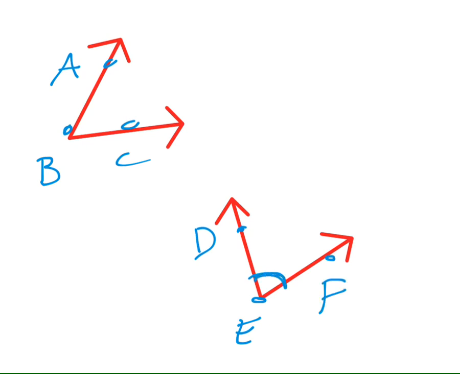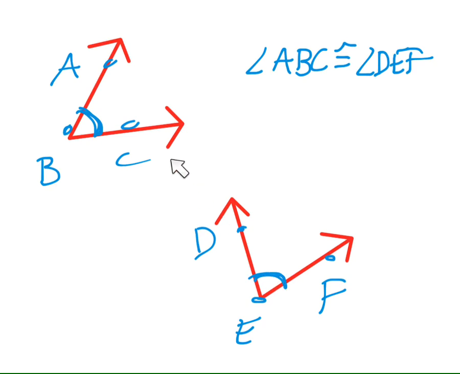If there was this little tick mark in the angle that looked like that, in the book they're pink, I think, that means those 2 angles are congruent. They're the same measure. So I would say angle ABC is congruent to angle DEF. That's what these tick marks mean.